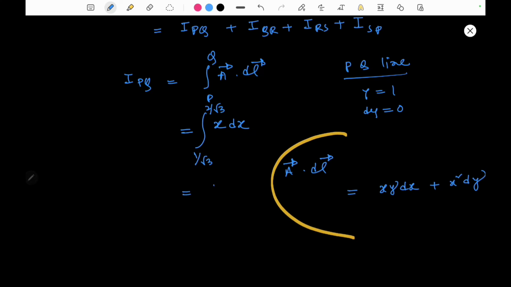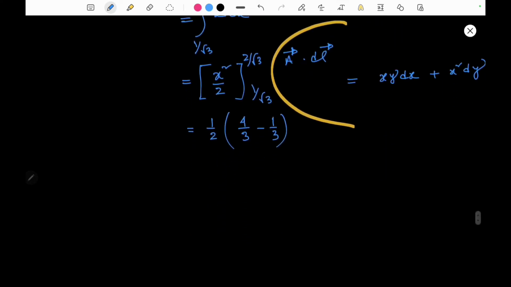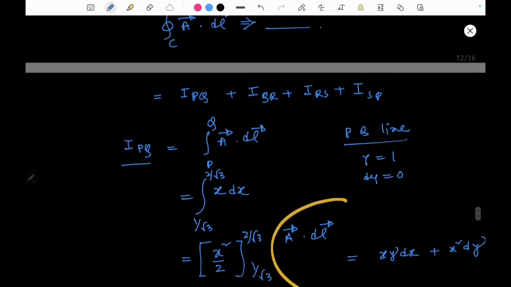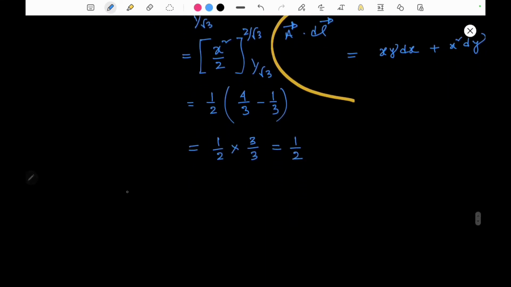So it will be x square by 2, 2 by root 3 upper limit, lower limit will be 1 by root 3, half, it will be like this. Hope you can understand. So here we are finding like that. Okay, so throughout this PQ line we are getting this value.